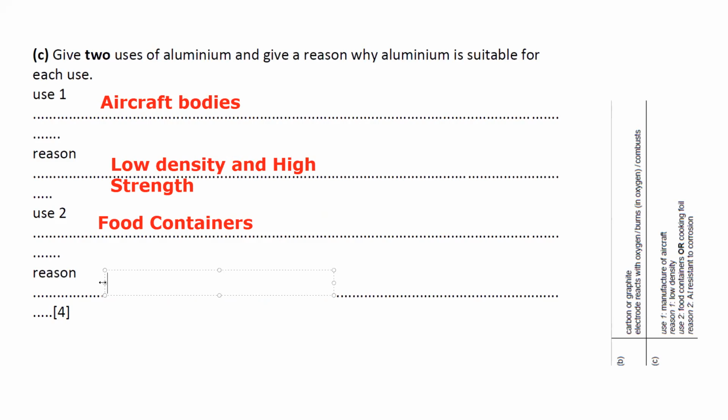Because it does not rust, or it resists corrosion, or does not form a harmful compound on the surface. That's why we say it resists corrosion, so we can use aluminium containers.